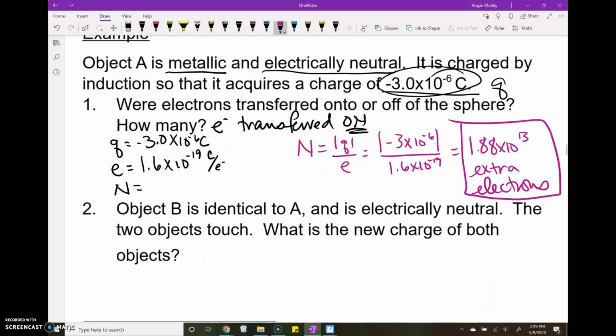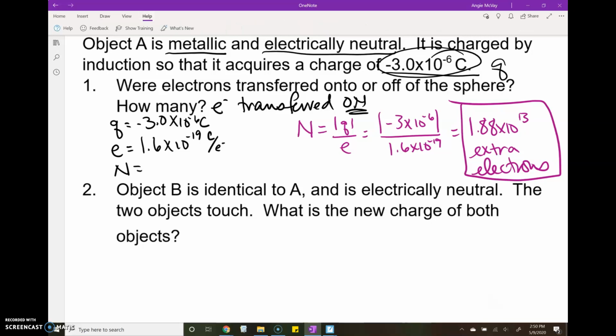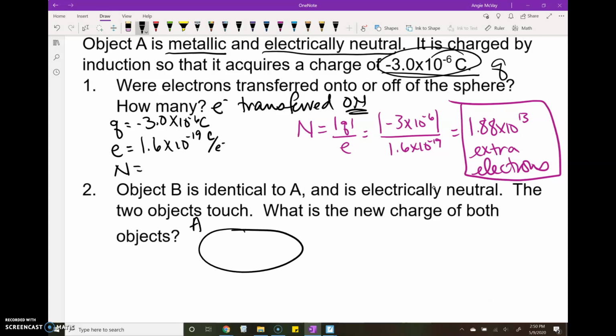All right, now we want to take a look and say object B is identical to object A. It's a conductor. Charges can easily be transferred in between the two. Object B is electrically neutral. The two objects touch. So what this is telling us is if we do just like we did on the previous slide where we've got two objects, object A has a charge of negative 3 times 10 to the minus 6 coulombs, and object B is neutral.